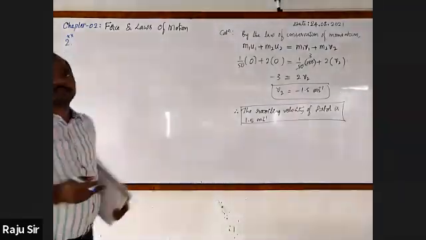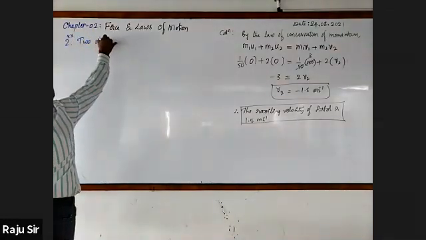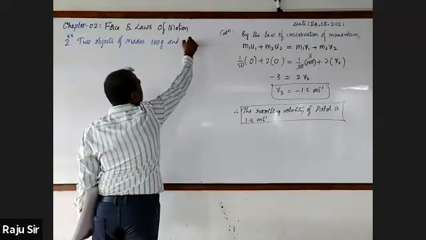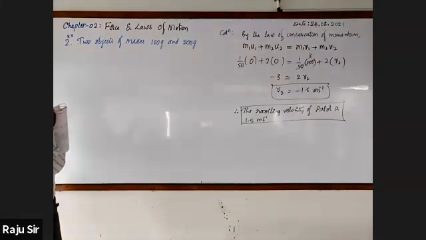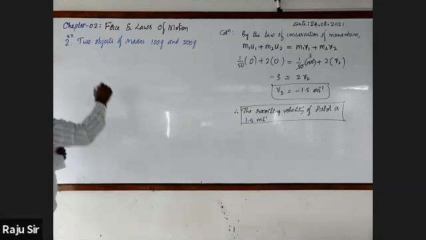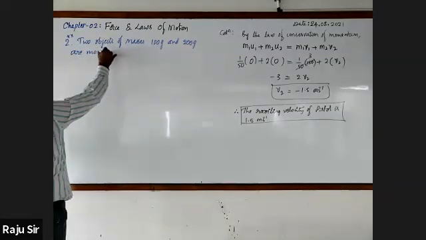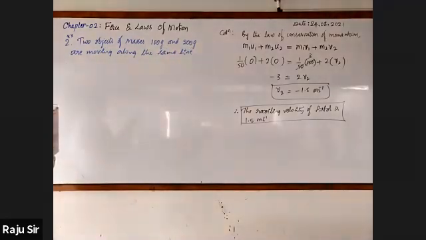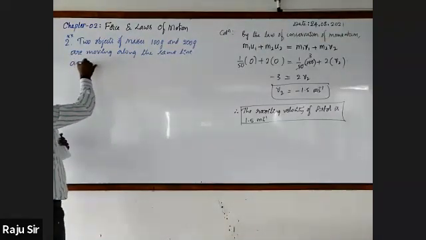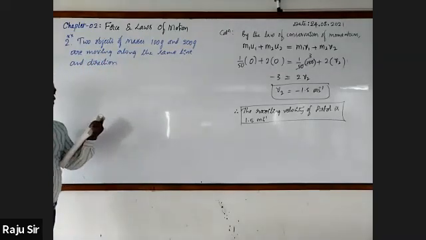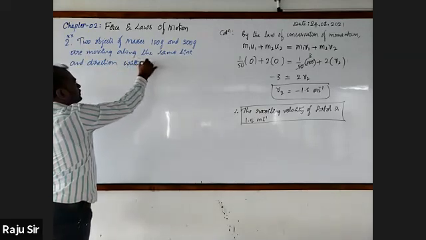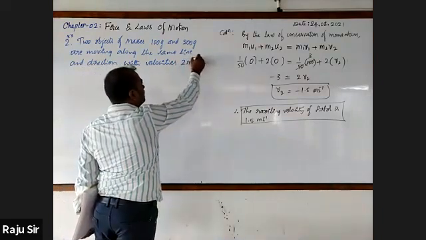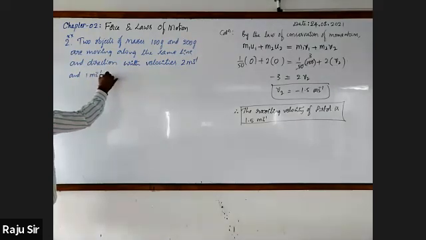Two objects of masses 100 grams and 200 grams are moving along the same line and in the same direction with velocities 2 meter per second and 1 meter per second respectively.